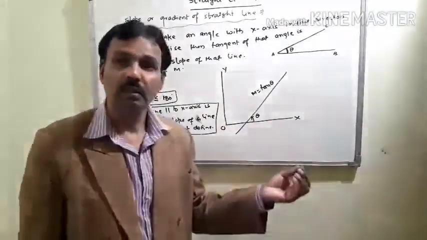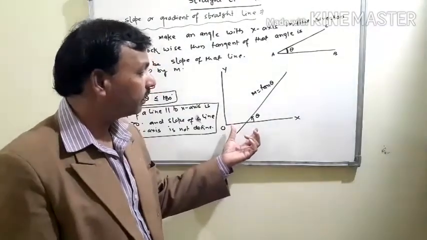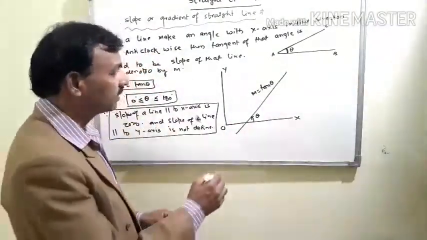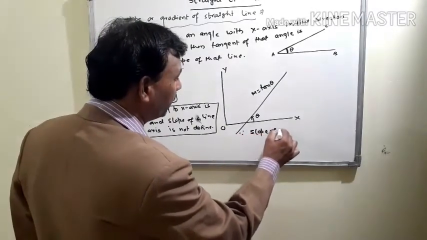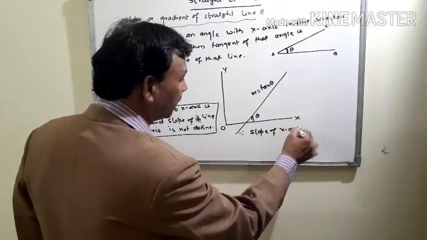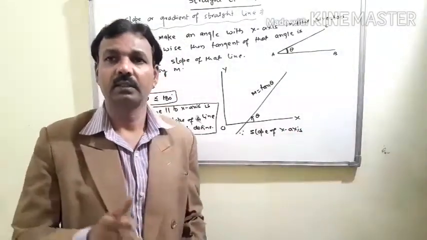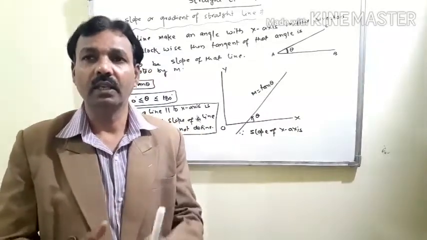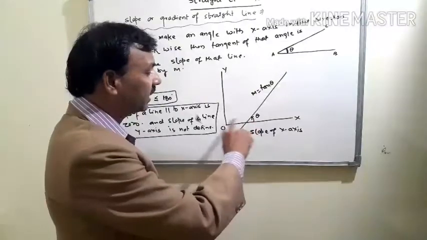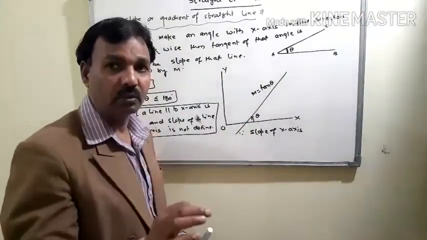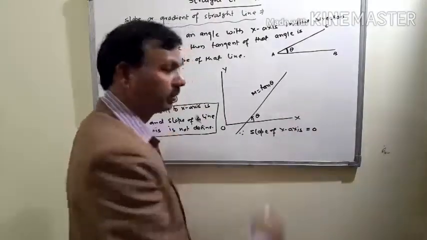Now what will be the slope of the x-axis? The x-axis is parallel to the x-axis, and as you know every line is parallel to itself. So the angle between the x-axis and x-axis will be 0. Therefore the slope of the x-axis will be equal to 0.